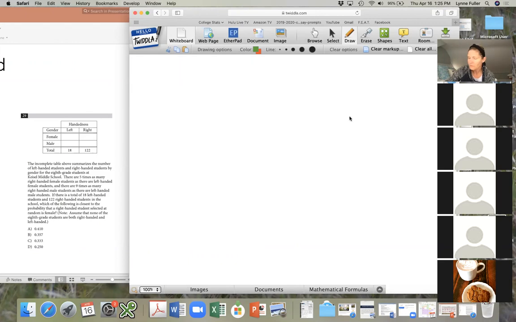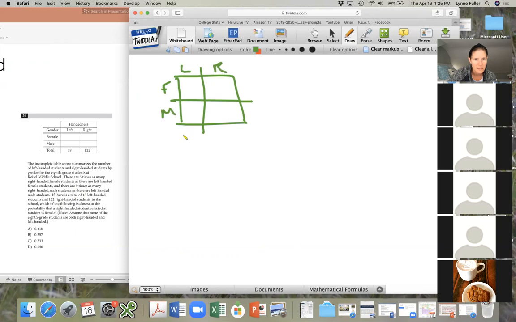So if I were to draw the chart here, just so we can have the data organized, we have female, male, left, right, 18 and 122 as the totals. And there are 5 times as many right-handed female students as there are left-handed students. And then it says there are 9 times as many right-handed male students as there are left-handed students.